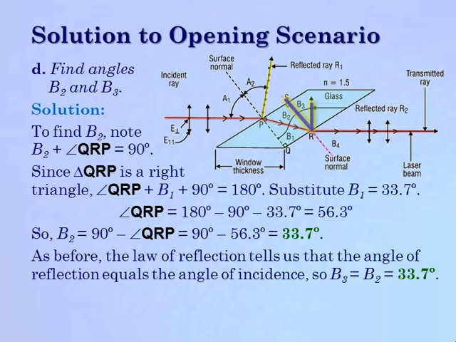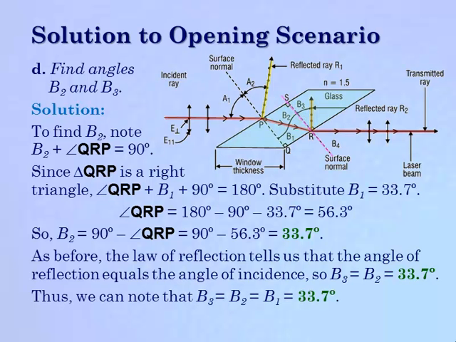So B3 equals B2, which is also 33.7 degrees. Interestingly, B3 equals B2 equals B1 equals 33.7 degrees. So all of our labeled angles inside there equal 33.7 degrees.